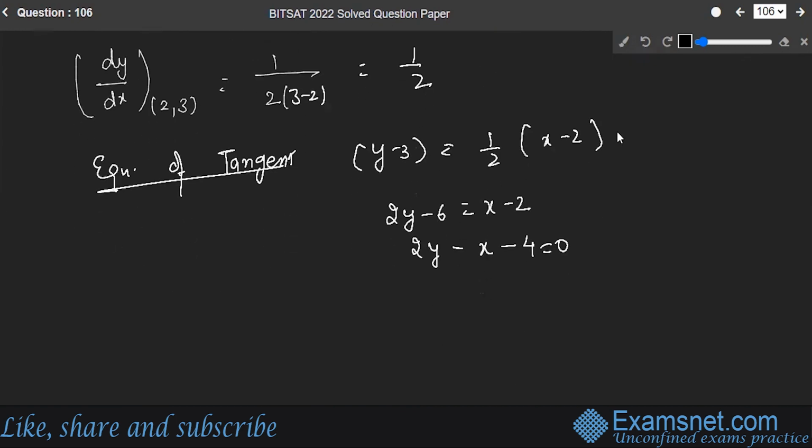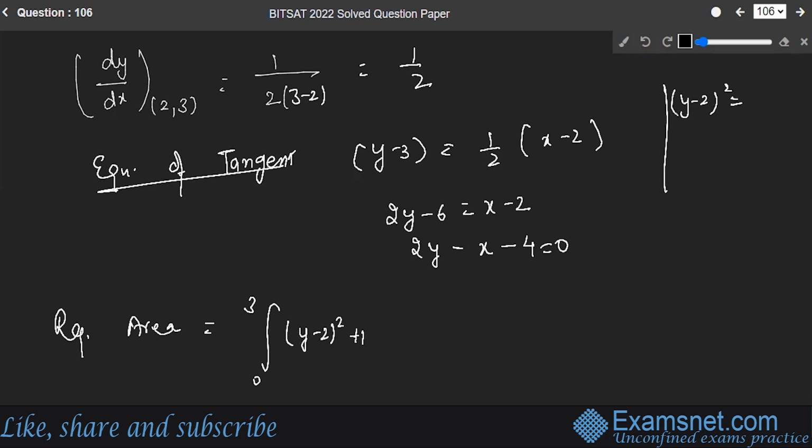Now the required area. Required area will be given by integral 0 to 3. This will be given by, see, this parabola was given to you as (y minus 2) square plus 1, because the equation of the parabola was (y minus 2) whole square is equal to x minus 1, or you have (y minus 2) square plus 1 is equal to x, right?